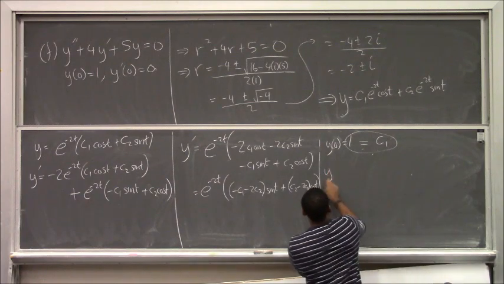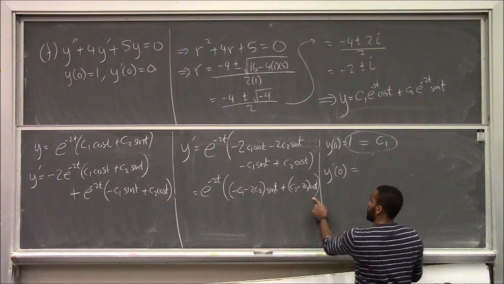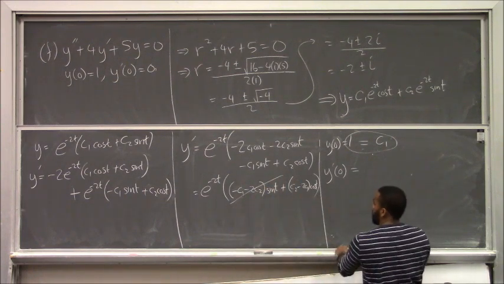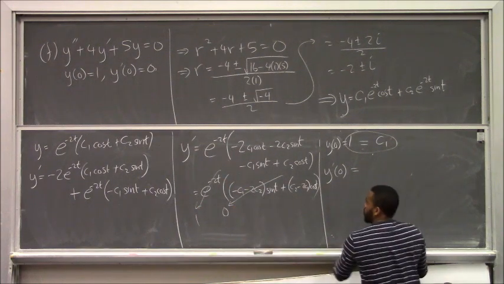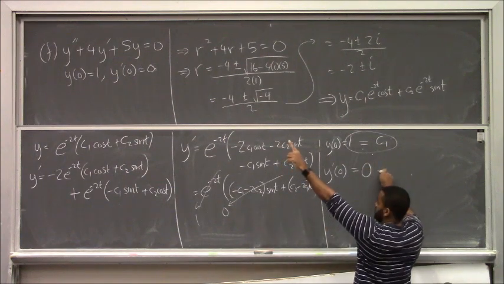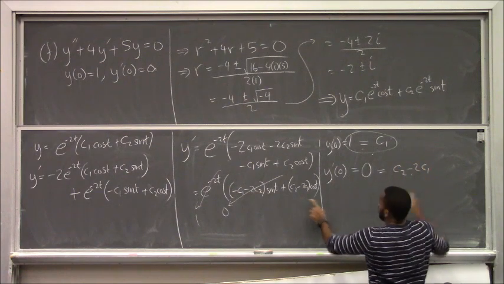If I plug in y prime of 0, the sine is again 0, so I can ignore that part. The cosine goes to 1. So all I'm left with is 0 equals c2 minus 2c1.